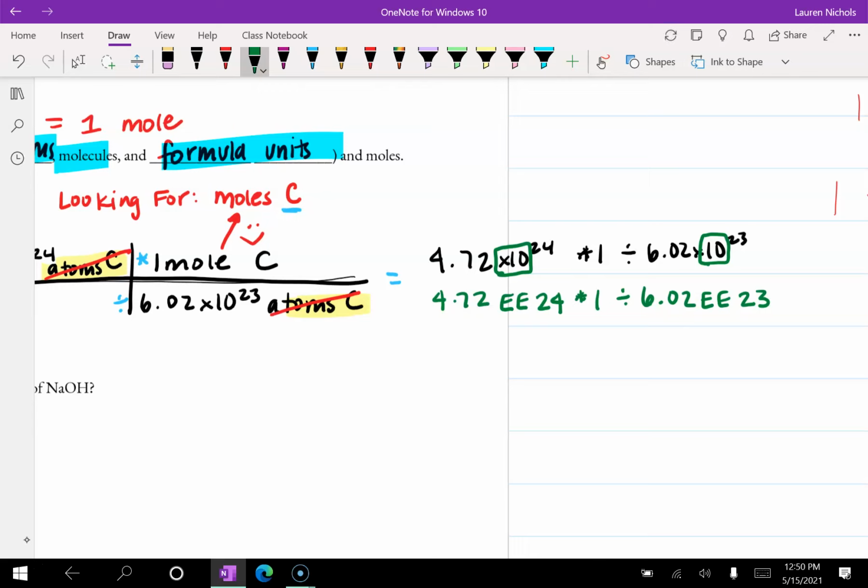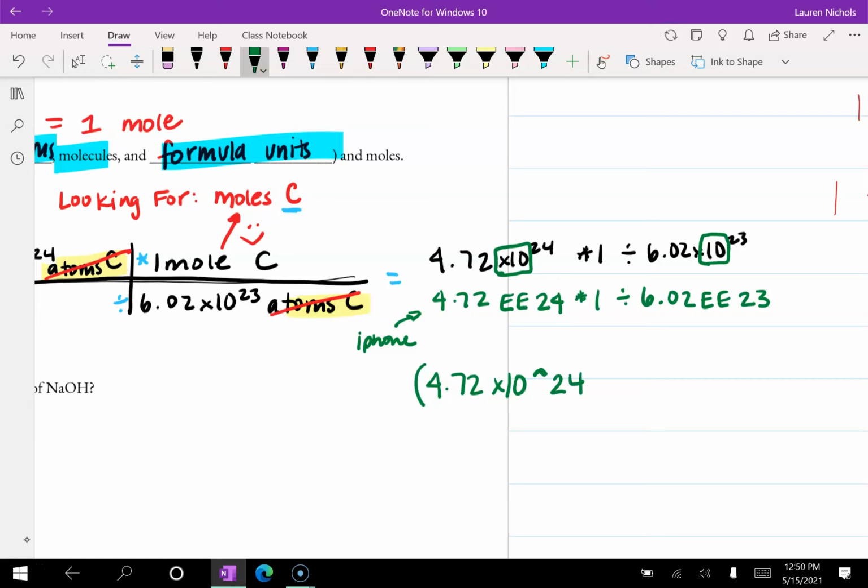If you're on an Android, there are multiple types of calculators, so if you're confused, I might need to show you. Some do have this double capital E button, some do not. If that's the case, so this is what you would do for an iPhone. If you have an Android, the most likely thing is that you'll need to put it in parentheses and say 4.72 and actually type in times 10. And you should have, it's called a caret, but it's like an arrow pointing up.